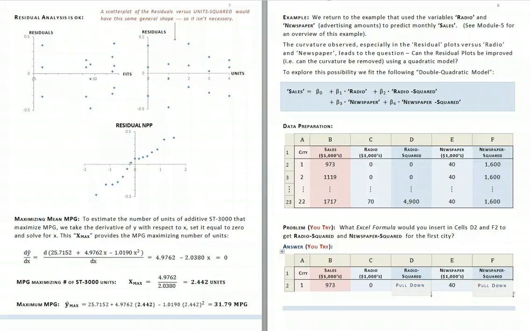In an attempt to improve these residual plots, we fit the double quadratic model. Sales equals beta 0 plus beta 1 times radio advertising expense plus beta 2 times radio advertising expense squared plus beta 3 times newspaper advertising expense plus beta 4 times newspaper advertising expense squared.